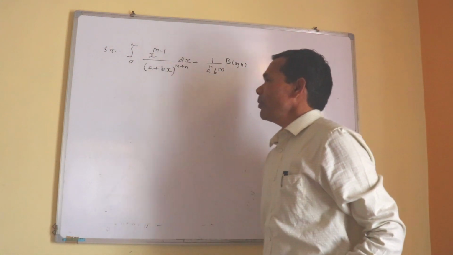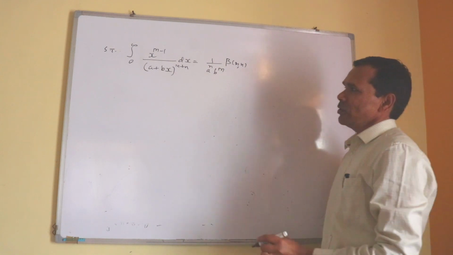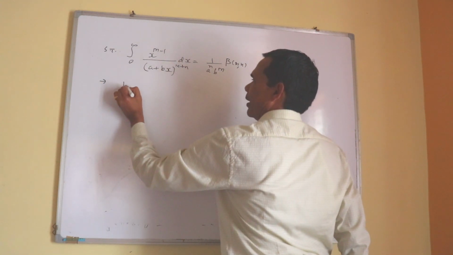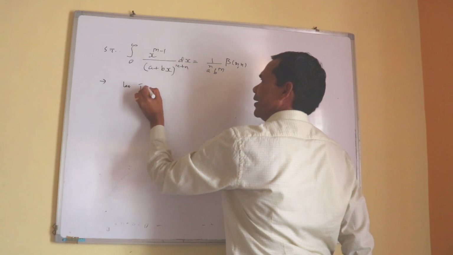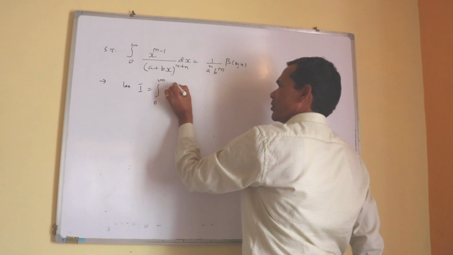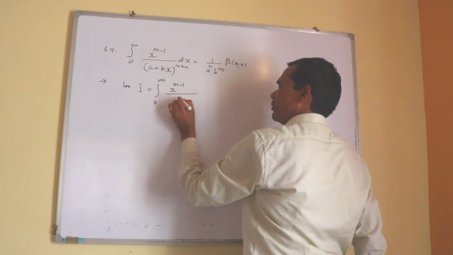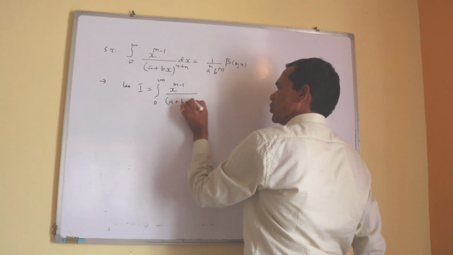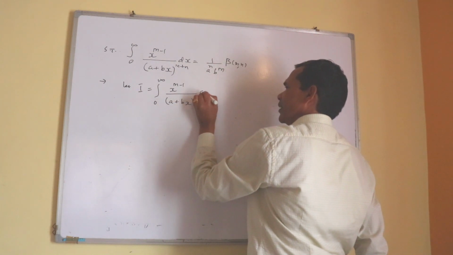So if you observe this problem, LHS is equal to RHS, so you have to see the appropriate form. Let I be equal to the integral 0 to infinity x raised to m minus 1 divided by (a plus bx) bracket raised to m plus n dx.